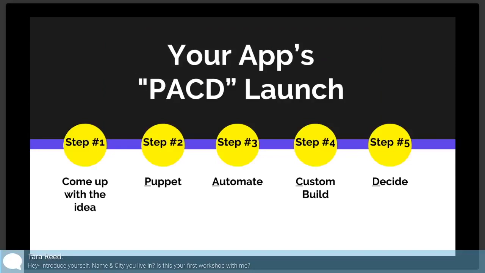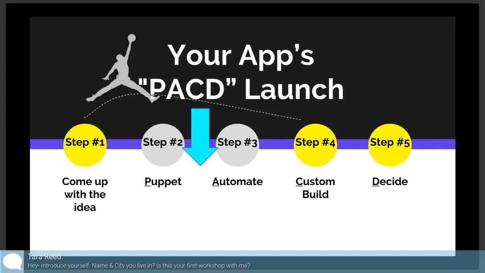Now, here's the problem, and here's what most people mess up. They try to jump all the way from step 1 to step 4. So they don't know anything about puppeting their app. They don't know anything about automating their app. They want to go directly to, all right, I've got an idea, and now I'm going to custom build the app. And the problem with trying to jump all the way over is that it's so easy to fall into the cracks.